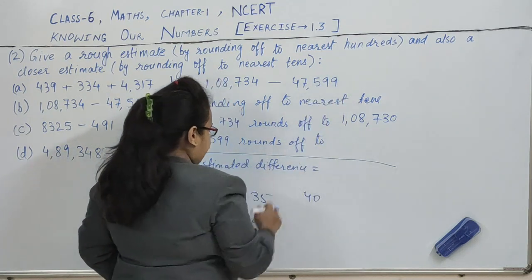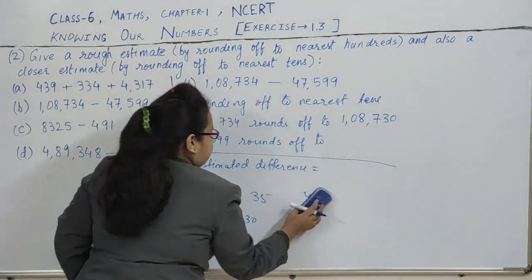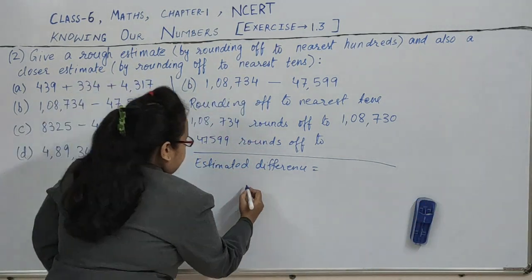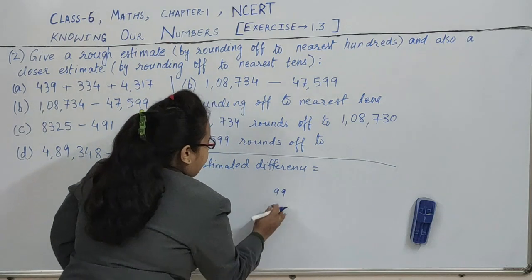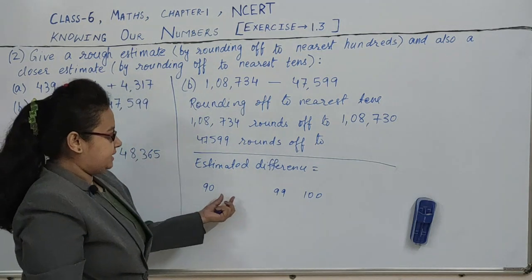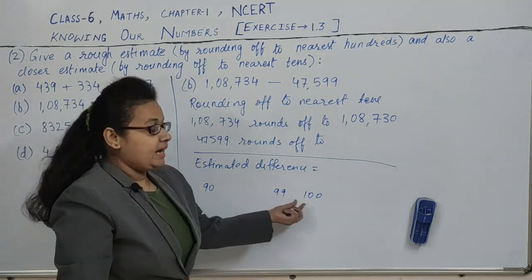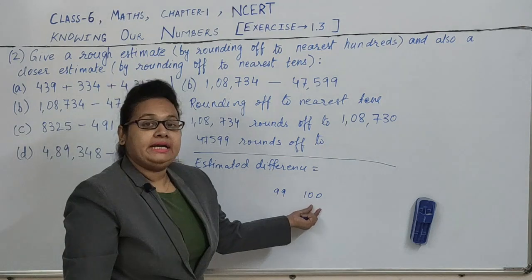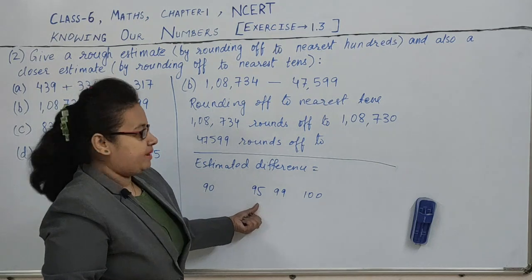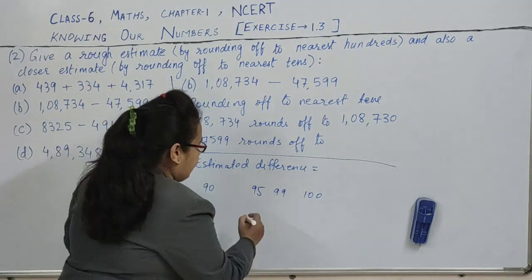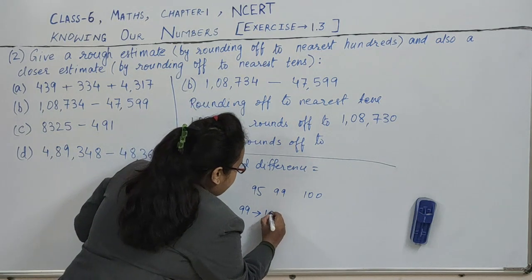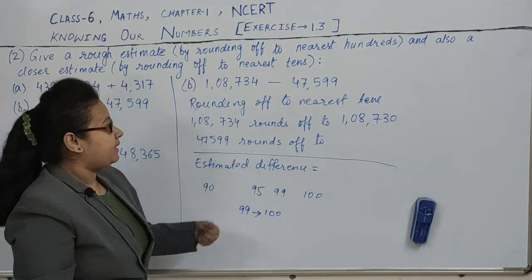These 2 digits make 99. 99 lies between 90 and 100, and the middle number for 90 and 100 is 95, and 99 is greater than the middle number and is closer to 100. So 99 will be rounded off to 100.